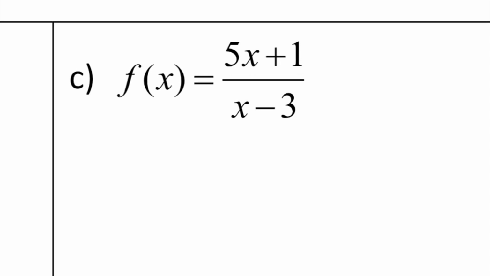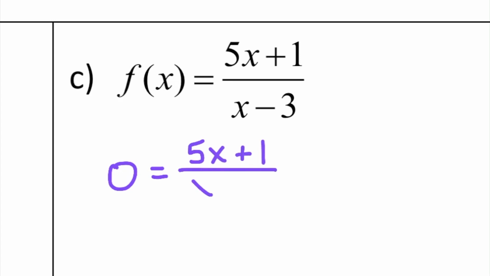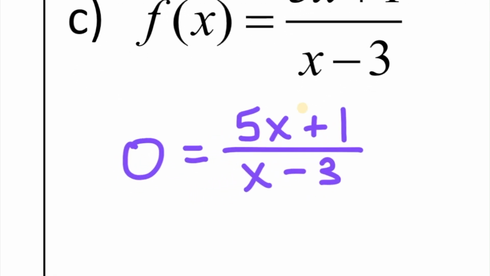And here for part C, don't get lost in the fact that the problem looks really complex, because basically when you have a fraction set equal to 0, all you need is the numerator equal to 0 and the whole fraction equals 0.